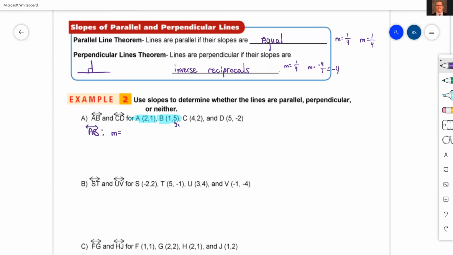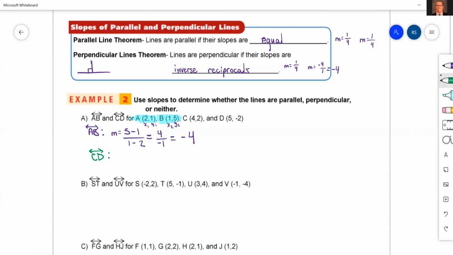So there's y2, 5 minus y1, which is 1, over x2, which is 1, minus x1, which is 2. Well, 5 minus 1 is 4. 1 minus 2, -1. So this reduces to -4. That's AB.